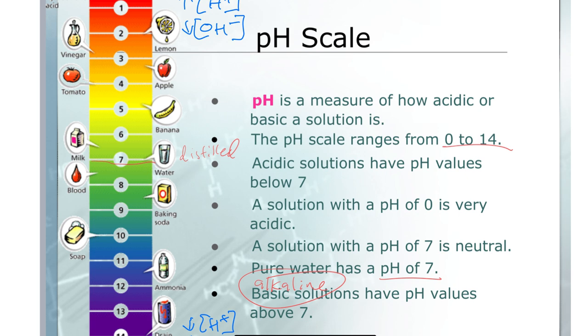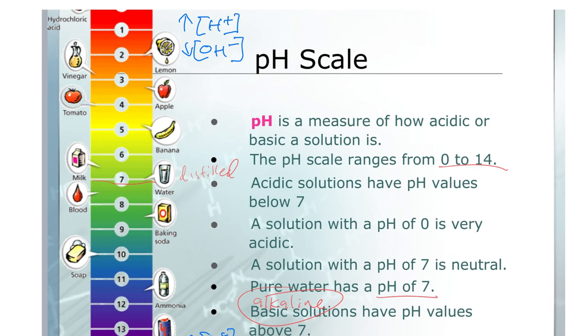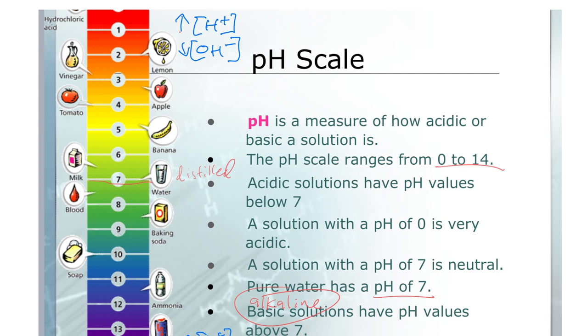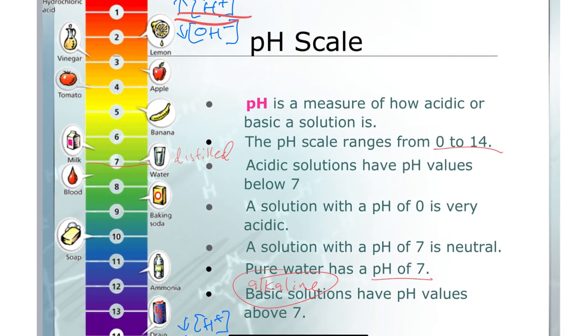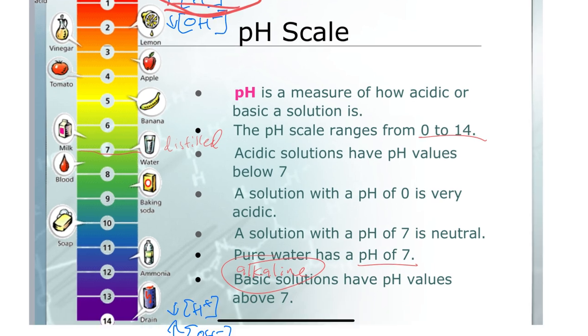So as you get closer to 0, you get much more H plus than OH minus. And as you get closer to 14, a pH of 14, you get much more hydroxide ion than hydrogen ion dissolved in the water solution. So you should know that. So H plus increases as you go down to 0.